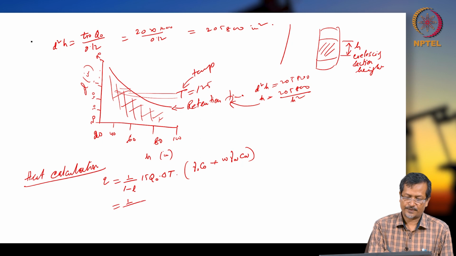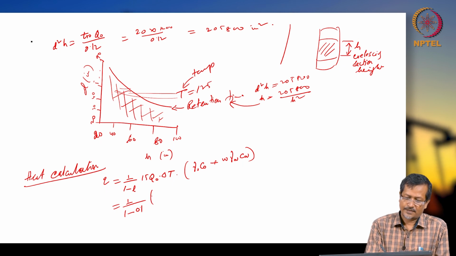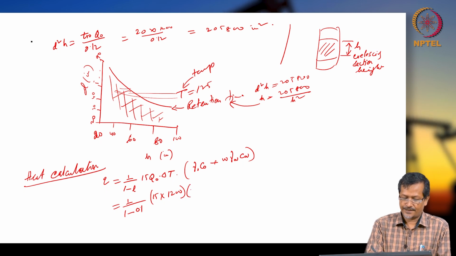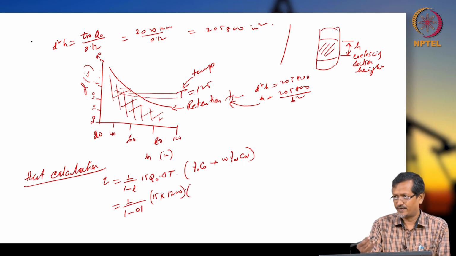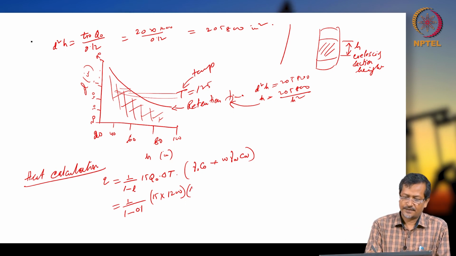So the formula will be like this: 1 minus 0.1, that is 10%, so 0.1, 15 QO. Q is 1200, delta T, again we are assuming 105 degree optimal temperature for heating, 105 minus 85.